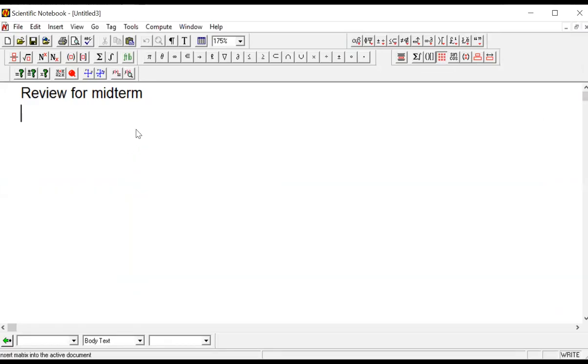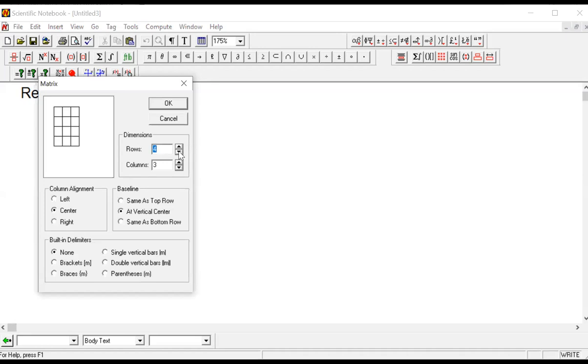So these functions, I'm going to enumerate them. 1, 2, 3, 4, 5, 6, 7, 8.